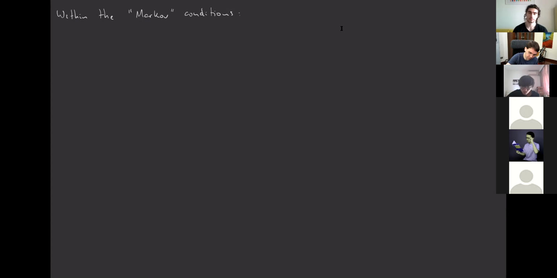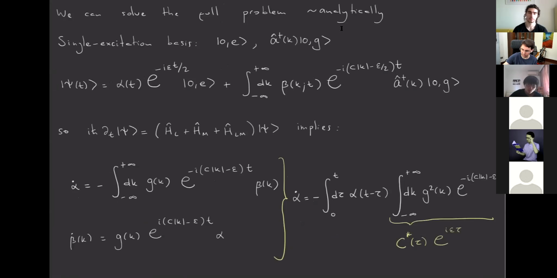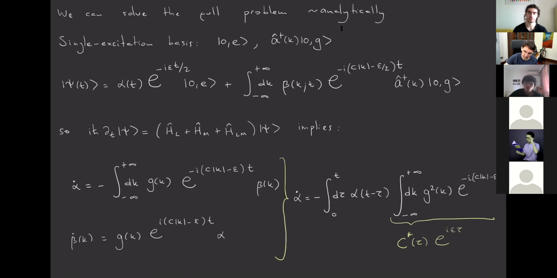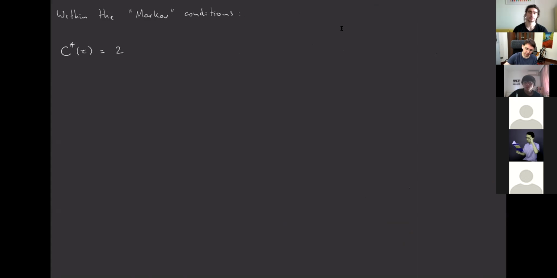Let me just specify it while I write down this correlation function. So first of all, you see that G depends only on the absolute value of K. The absolute value of K appears in the exponent. So the kernel of the integration in K depends only on the absolute value of K.